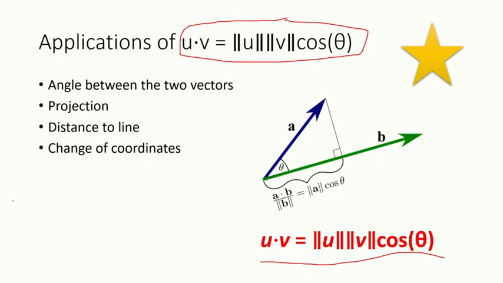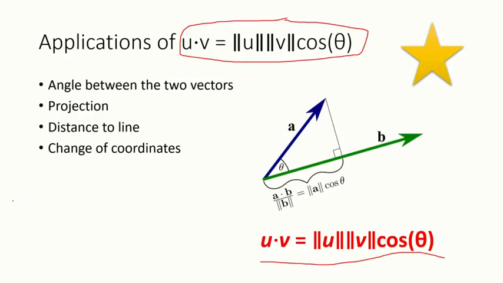So you rearrange this, then cosine theta, the angle between these two, is that divided by the norm of mu times the norm of nu. Okay, so if you don't know the angle between these two vectors, you just do a dot product, okay? And this becomes a single number. And then you divide by the norm of the first one times the norm of the second one. Then you get the cosine theta value between these two vectors.